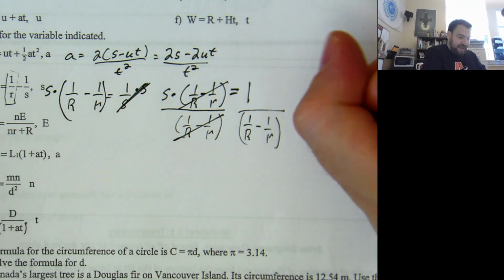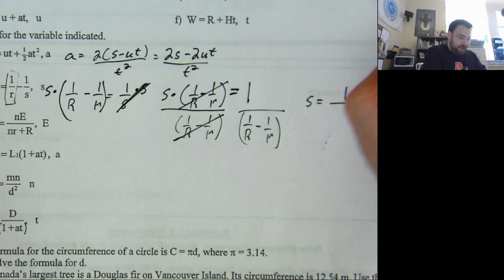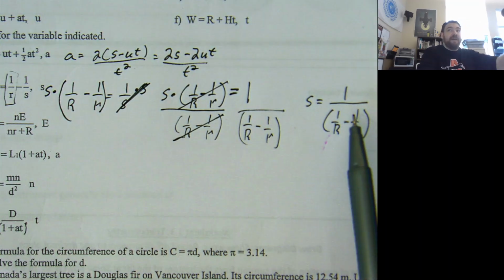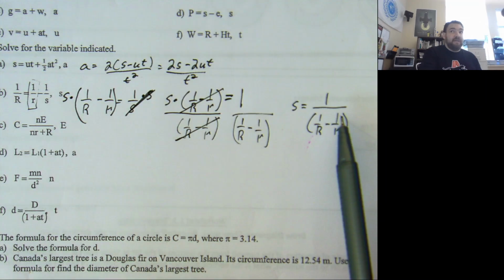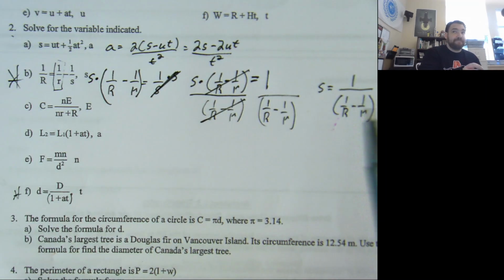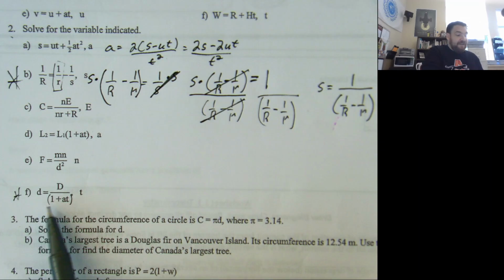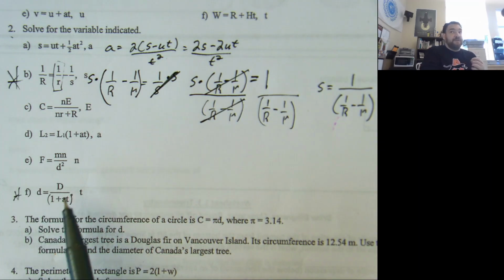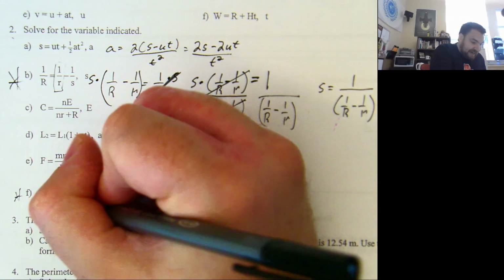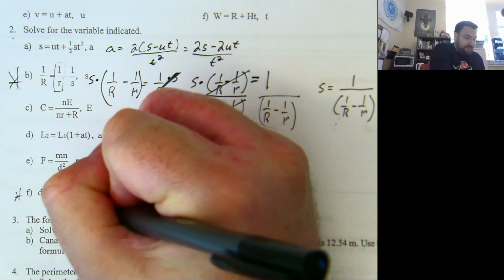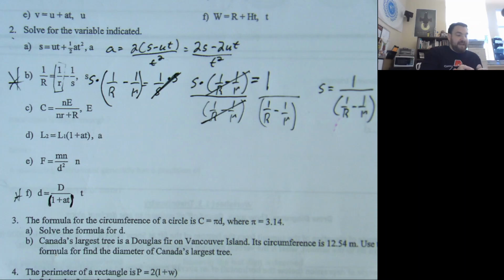And at the end of it all, you're going to get s equals 1 over this whole mathematical object. And that is a totally acceptable way to leave a question like B. Question F is similar in its first step. Because what we've got is buried in that denominator there, multiply both sides by this entire denominator. And go from there.